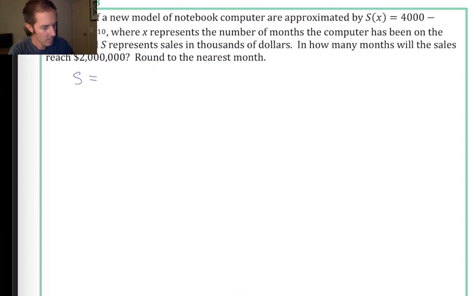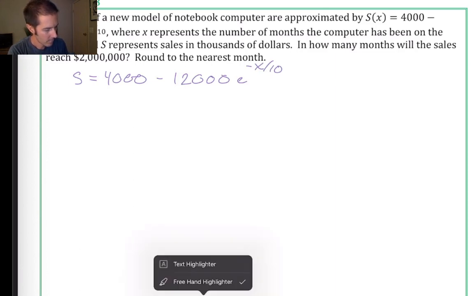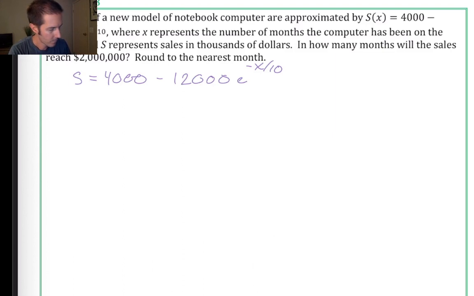If S equals 4,000 minus 12,000 times e to the negative x over 10, and S, where did it go? S represents sales in thousands of dollars. How many thousands of dollars in sales did we have?